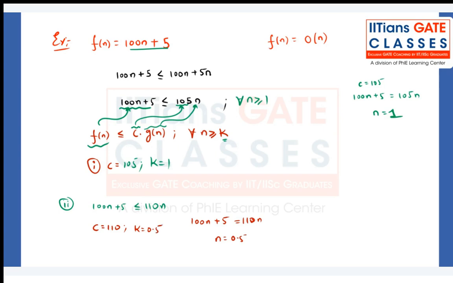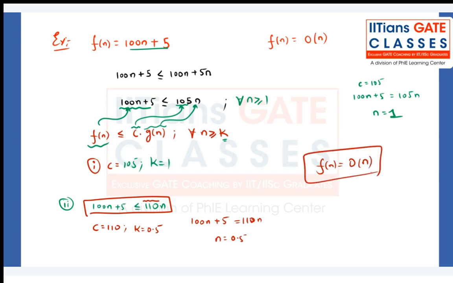Why is it not important to us? Because at the end of the day, we are calculating an upper bound. We need to match this inequality with our big O notation inequality. And when you find this inequality, you get a constant. You just ignore that constant when you are writing. Whenever you are writing asymptotic notation, what do we write? f of n is equal to O of n. Correct? We are not writing 105 or 110. We just ignore those constants.